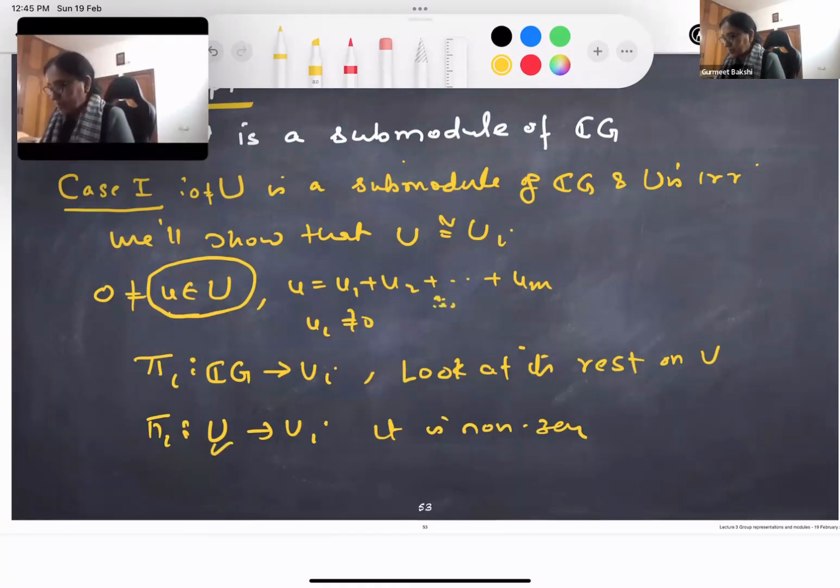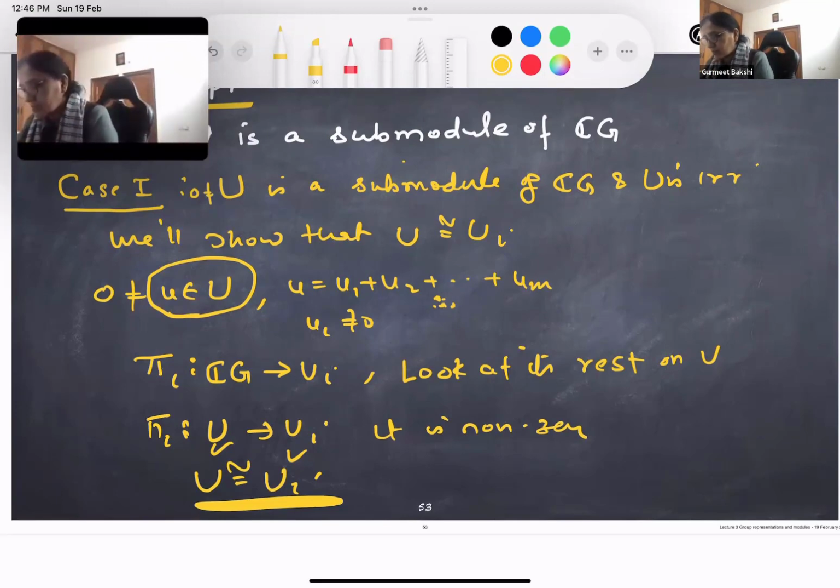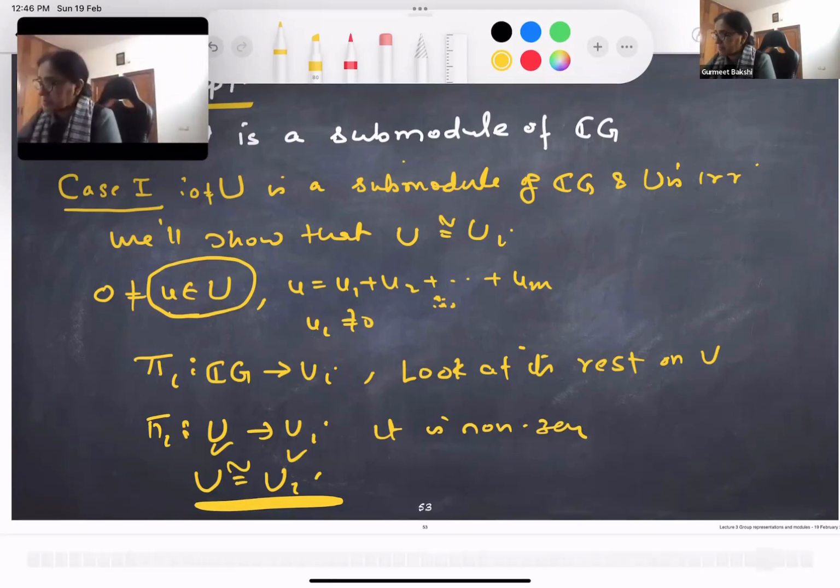Both are irreducible, and this is a non-zero homomorphism, therefore this is an isomorphism, and so U is isomorphic to UI. So if U is a submodule of CG, then U is isomorphic to one of the irreducible submodules which occur in the decomposition of CG as a sum.